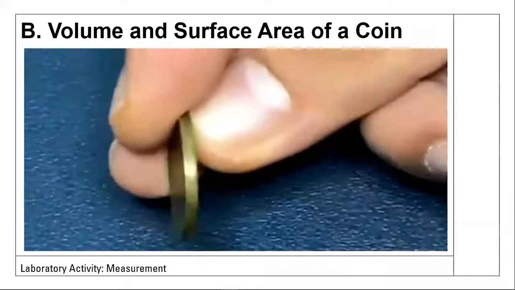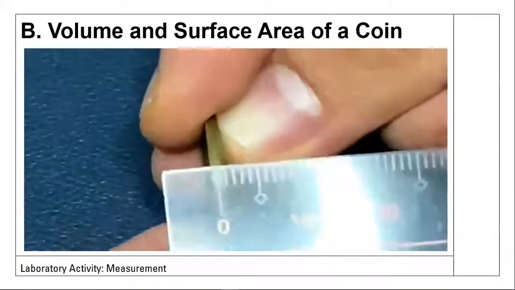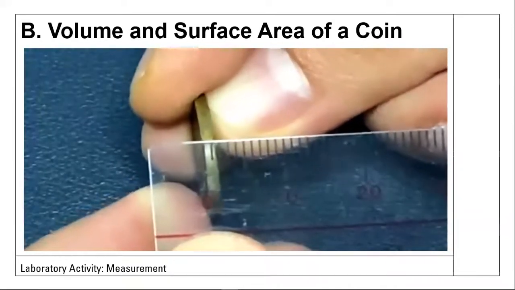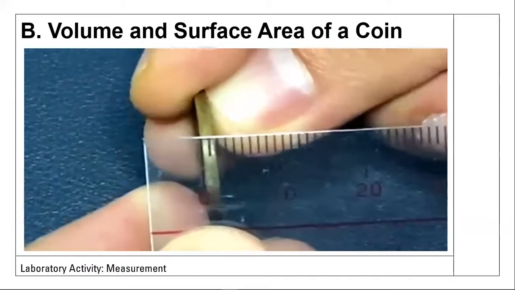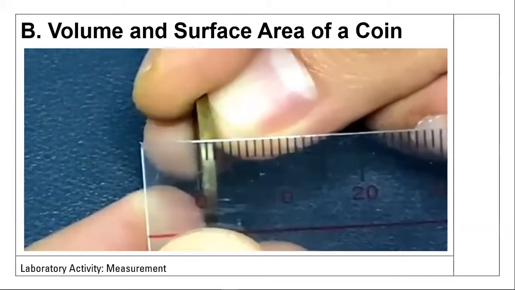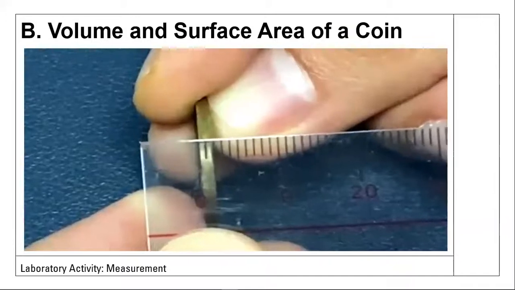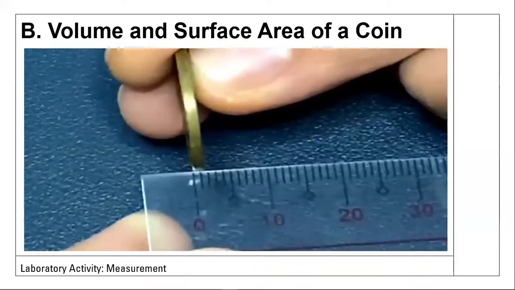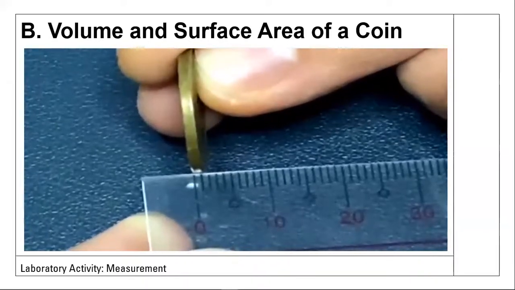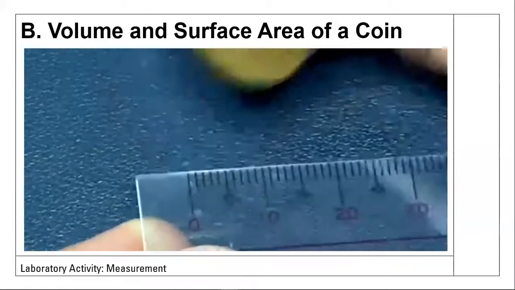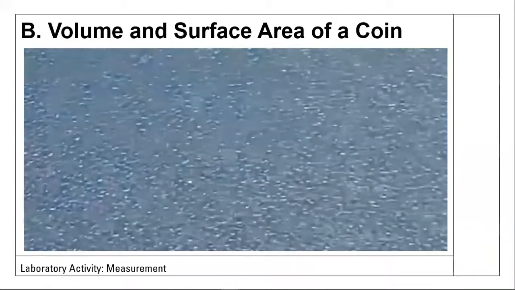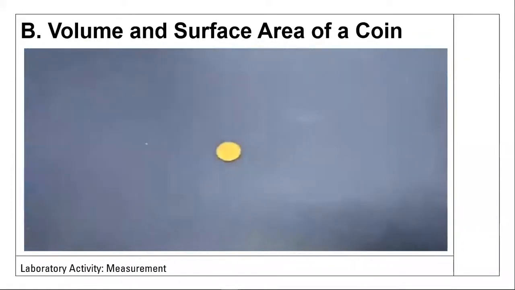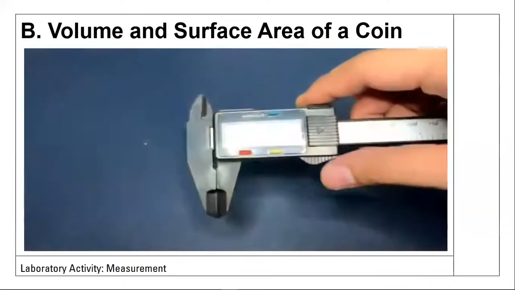So you need to convert it into centimeters. Now we are going to measure the coin using the vernier caliper.